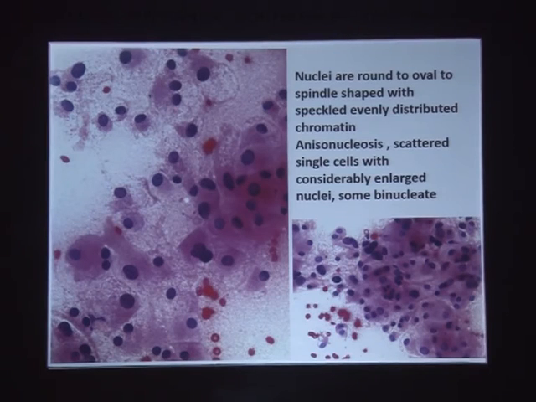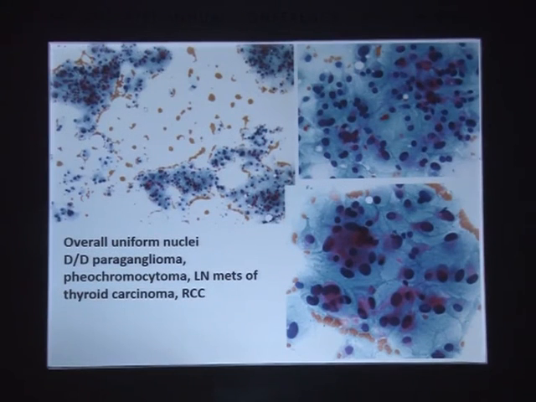Glassy kind of cytoplasm. Sometimes they may have a granular cytoplasm, and at places binucleate cells, some little pleomorphism, anisonucleosis could be appreciated. So we interpreted this as paraganglioma. Overall, this had uniform nuclei, so we gave the diagnosis of paraganglioma, pheochromocytoma.